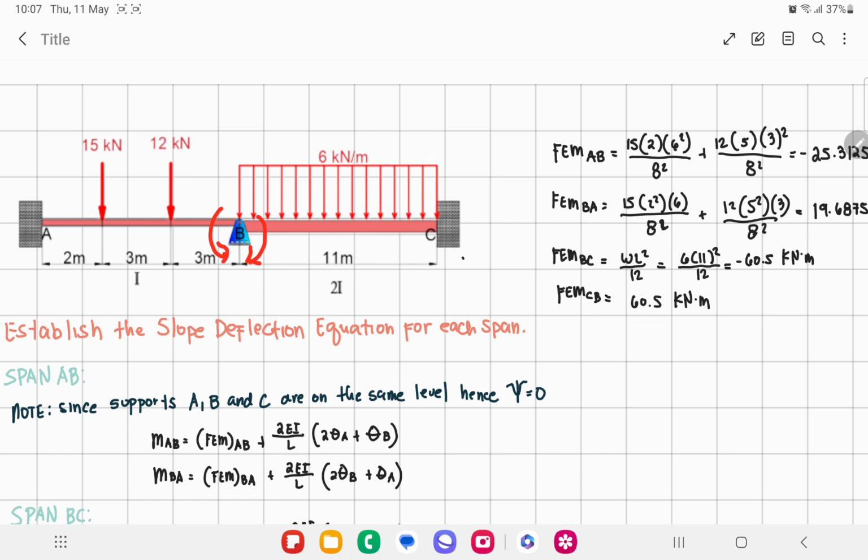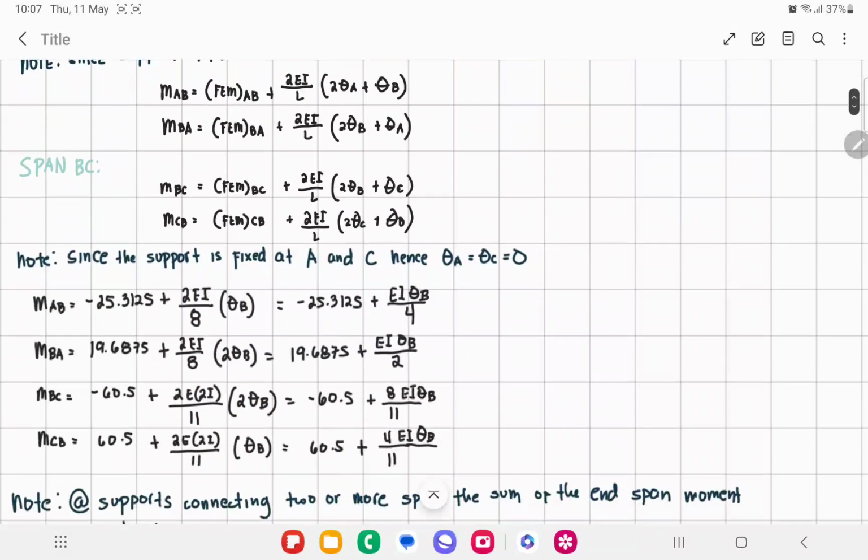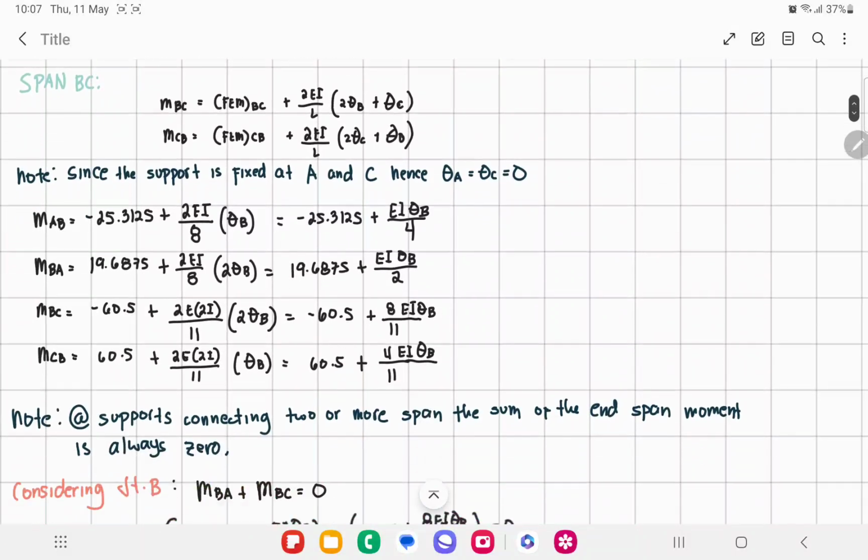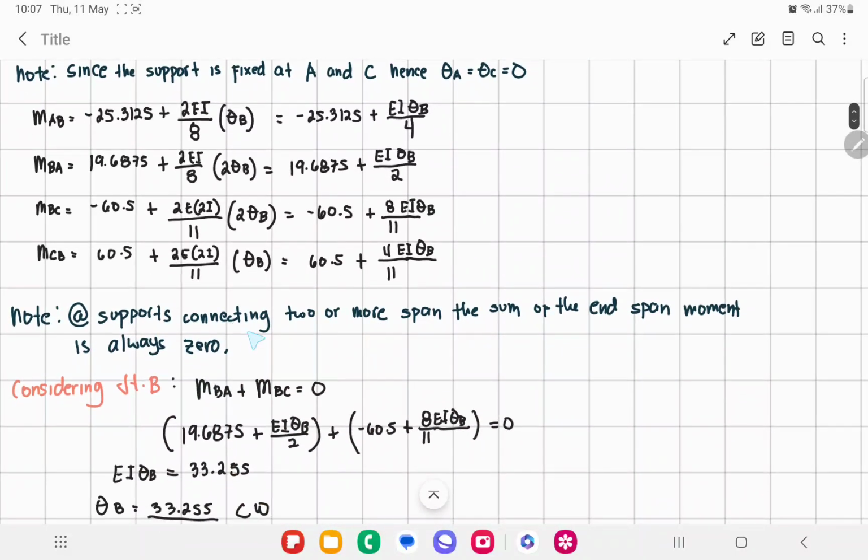But since they have different signs, when we add the two, we can only achieve equilibrium, or it becomes zero. So, hence, we will arrive at this concept.